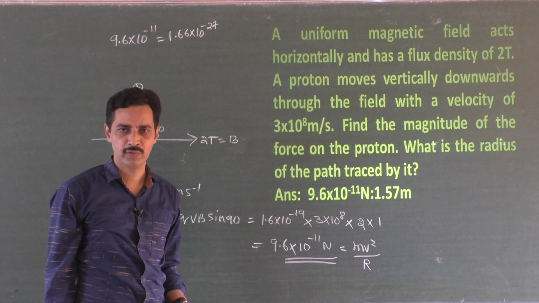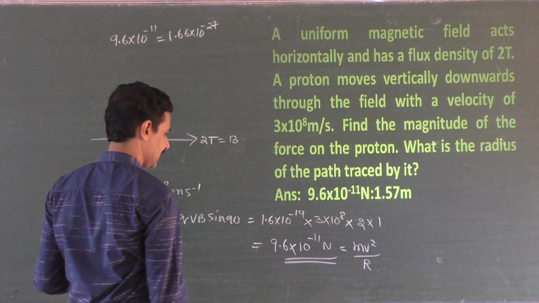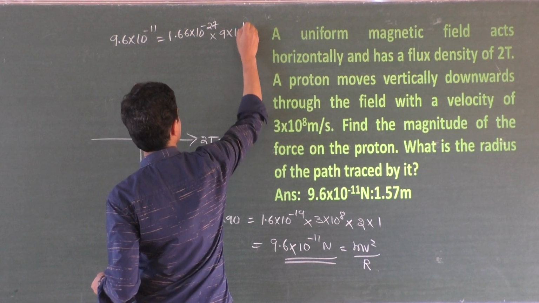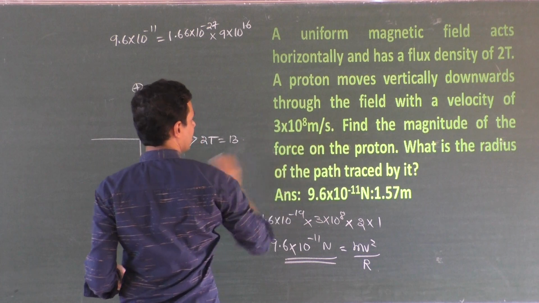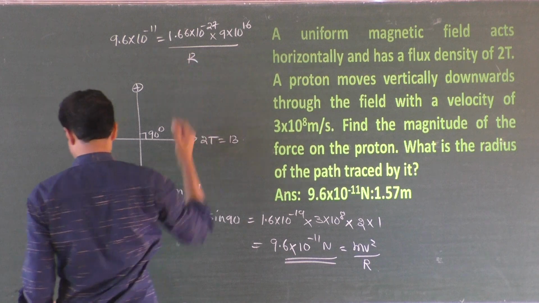Mass of electron is 9.1 into 10 to the power minus 31 kg. This is 1.66 into 10 to the power minus 27 kg, mass of proton, into square of the velocity, 9 into 10 to the power 16, because it is 3 into 10 to the power 8 squared, divided by radius. That is what you are going to find out.